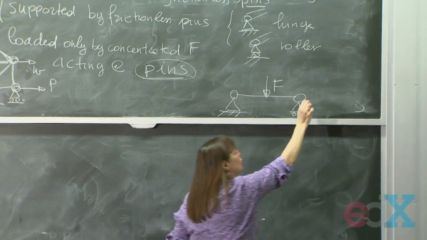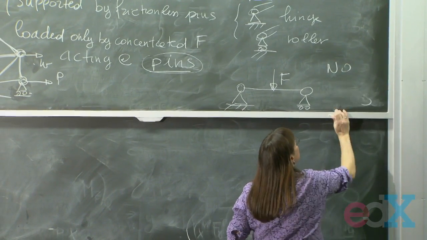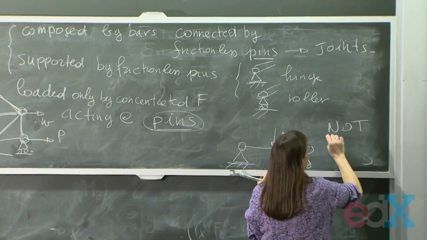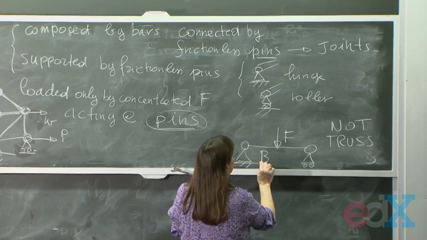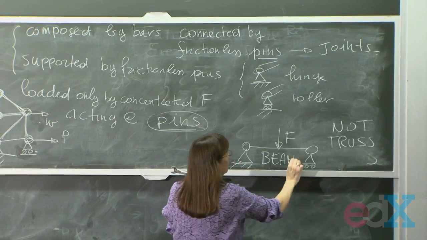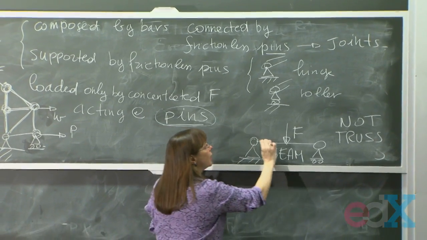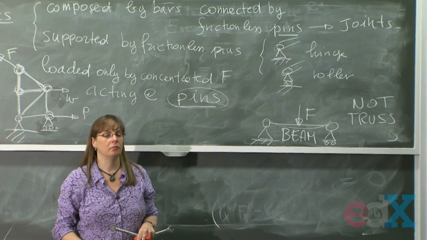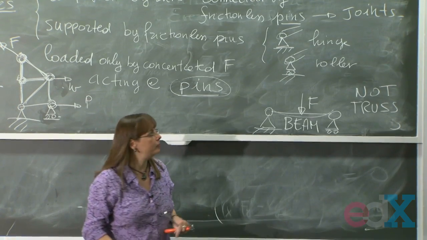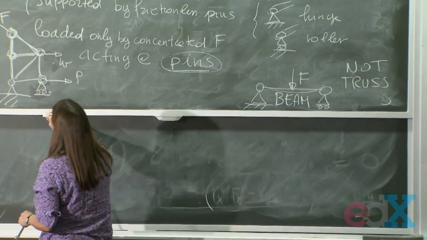This is not a truss. This is a beam. Because the load is applied here. You see what happens to this guy? Okay. So these are the rules of what are trusses.